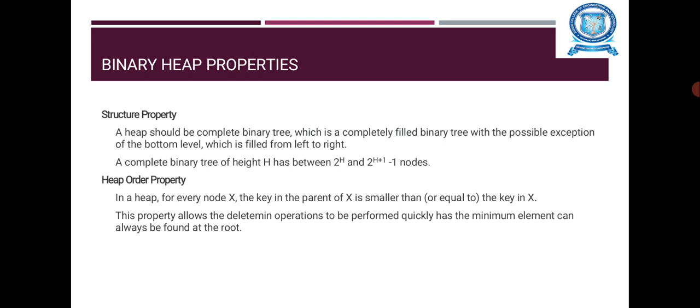In a maximum heap, the parent is always greater than the children. In a minimum heap, the parent node is always less than the children nodes. This is the property behind the heap order.